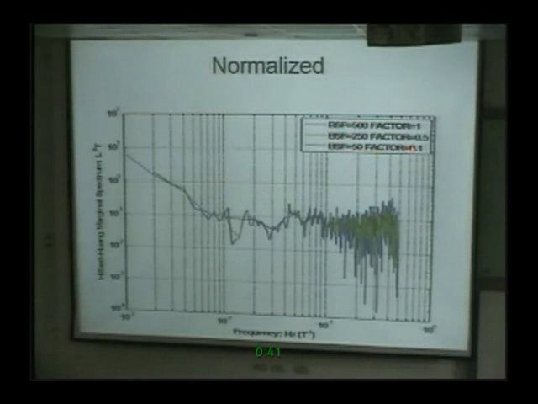If you multiply this by 0.1, multiply this by 0.5, half 1, then everything falls together. So the beam size is linearly proportional to the density. Now we can have all the spectrum all reduced to the same level.